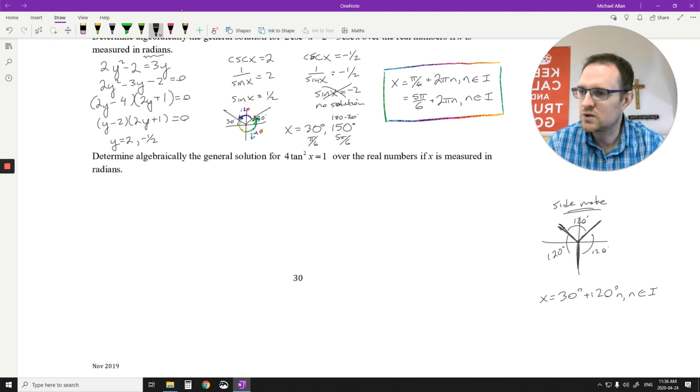Algebraically determine the solutions here. Because tan is the only thing there, I'm just going to rearrange for tan. So divide the 4 over, take the square root. Because you did that, you have to put the plus or minus there. So there's 2 solutions here.